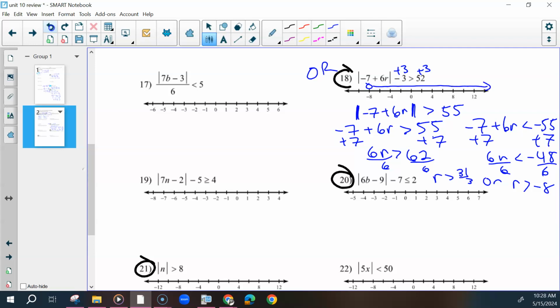So this one is going to be a weird case. This one's a weird case because it doesn't graph apart. It just keeps graphing on top of each other.